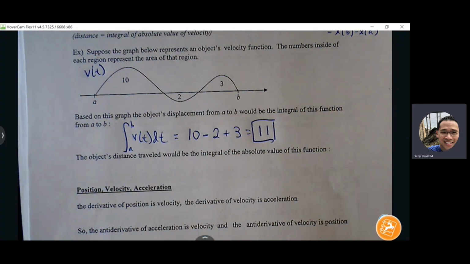So displacement is where you keep track of all the positives and negatives, right? You walk forward 10 steps, you walk backwards 2 steps, you walk forward 3 steps. How far are you from where you started? You're 11 steps away from where you started.